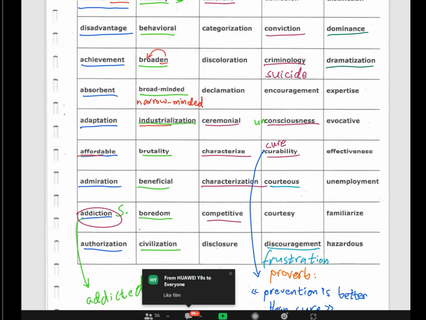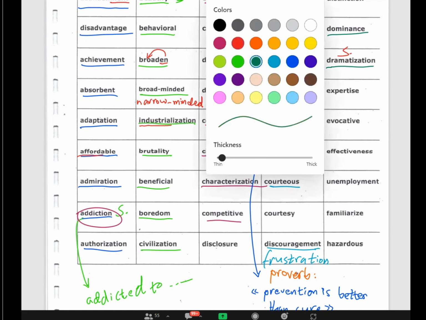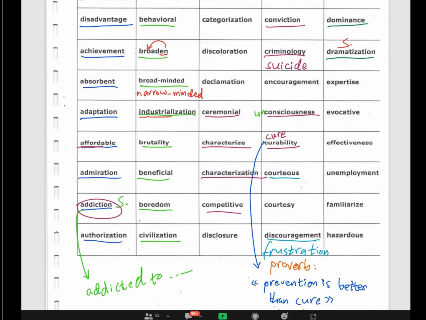They might ask you here about the Omani drama, whether you like it or not. What are the weaknesses of it? How can we improve the Omani drama? Okay, so this can be a topic in speaking.